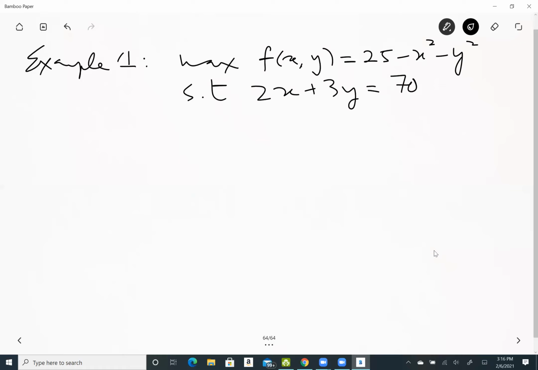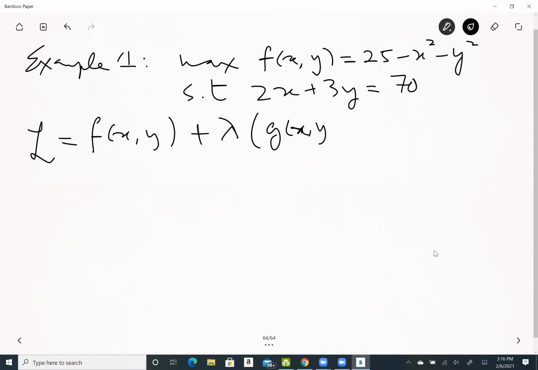Okay, so now you write the Lagrangian. You need to write the constraint in terms of what the Lagrangian form is. The Lagrangian, as we know, is the objective f of x, y plus lambda multiplied by g of x, y minus k.